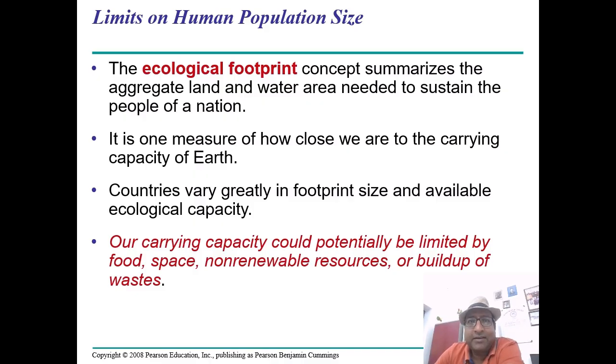So living in a house made of wood and grass is cheaper than living in a brick house. If you live in a brick house or concrete house, you are putting almost 10 times more pressure on the environment compared to living in a hut. Our carrying capacity could potentially be limited by food, space, non-renewable resources, or build-up of waste.